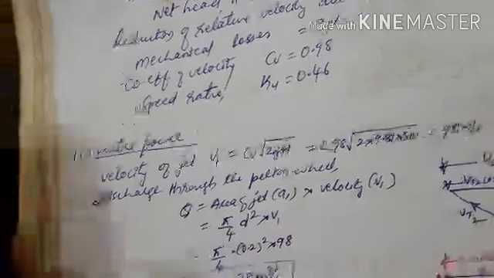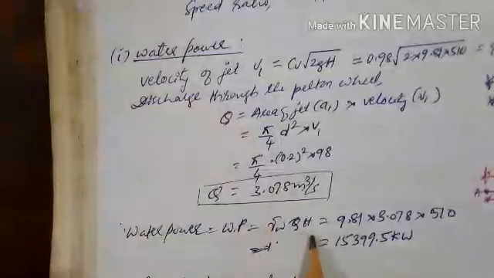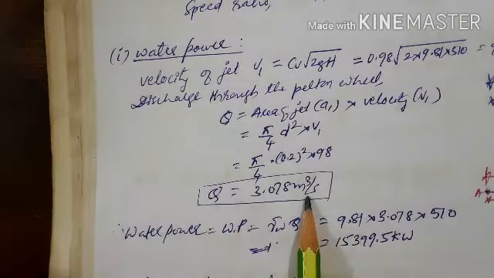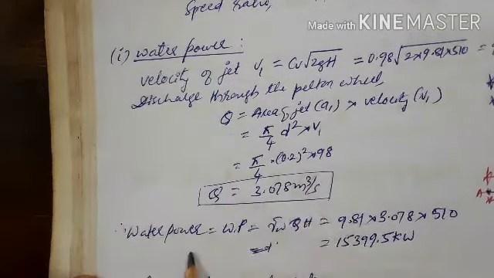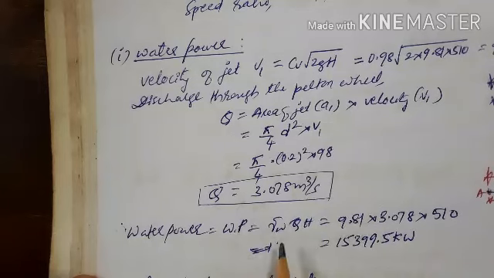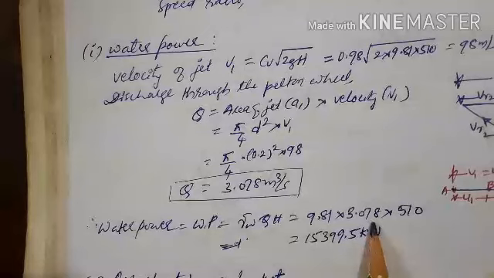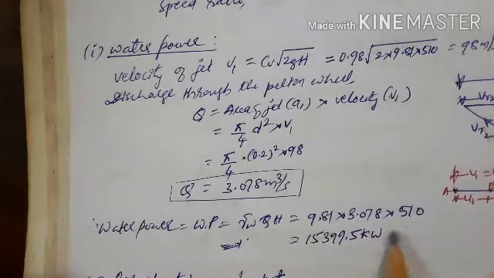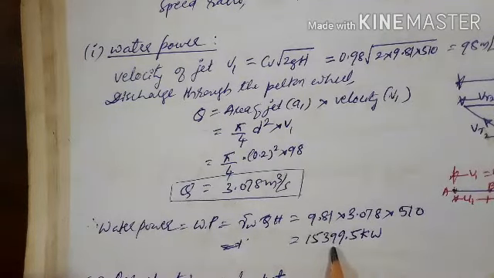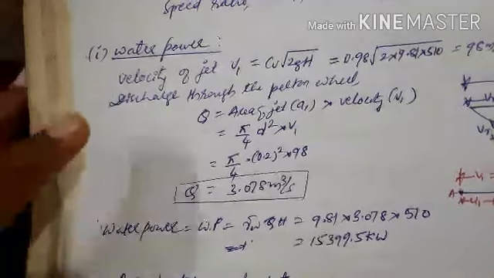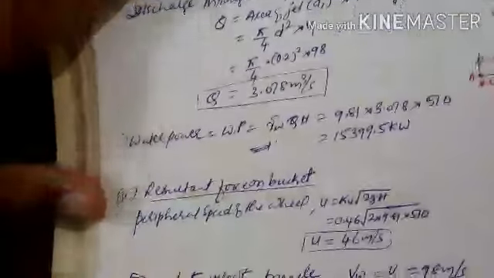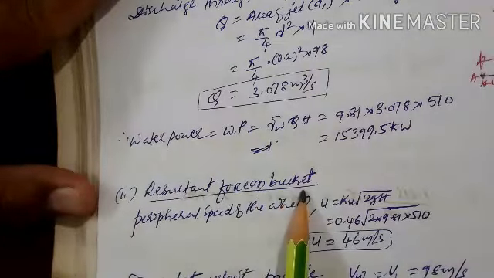Then we get the discharge as 3.078 meter cube per second. Then the water power WP is gamma W Q into H. Q we have calculated, H we also know, and gamma W is the specific weight of the water, 9.81. So 9.81 into 3.078 into 510, divided by 1000, we get 15399.5 kilowatt.